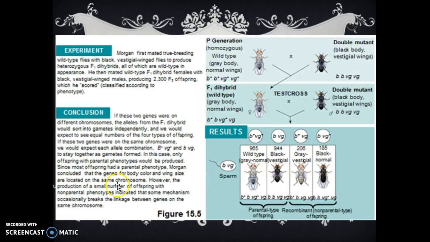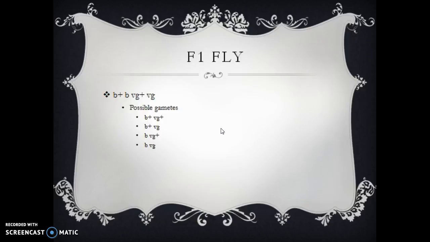So keep in mind when we're creating gametes for this fly and gametes for this fly, these genes can arrange themselves in one of four ways, and really these genes can only arrange themselves in one way. Let's take a look at the different combinations these alleles could arrange themselves in.